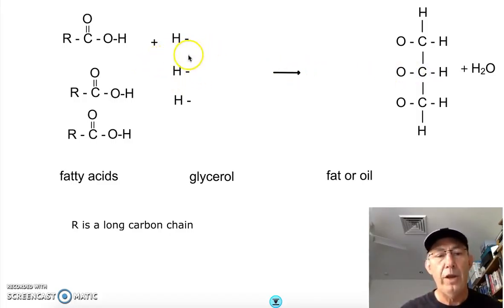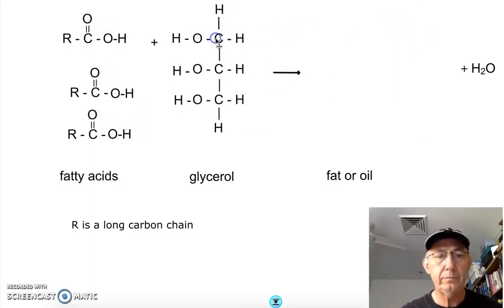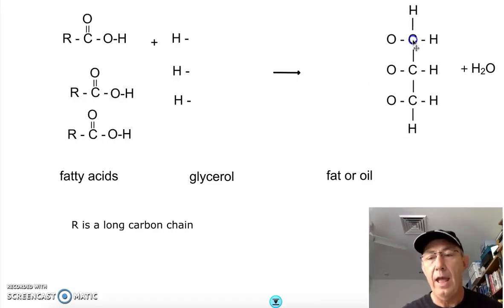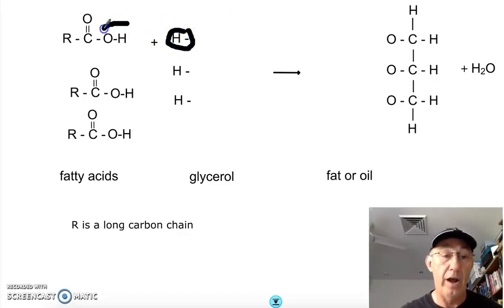So we know that we have an acid and an alcohol, but this alcohol has 3 alcohol groups. So what can happen is we can add 3 acid groups. My alcohol will react just as it does in the past, where we have our hydrogen reacting with our alcohol group to make water.